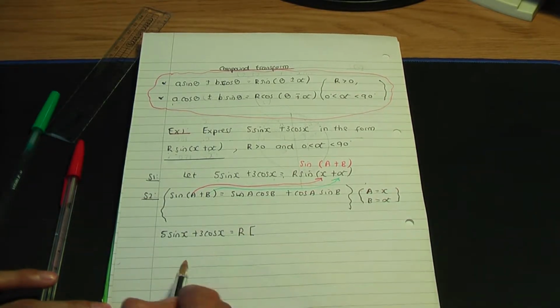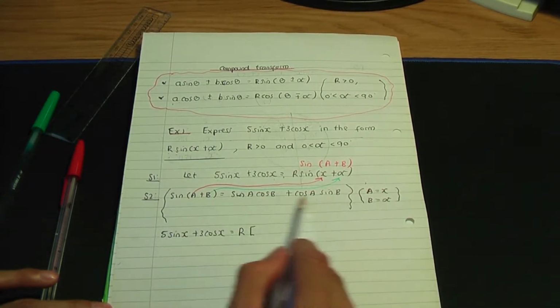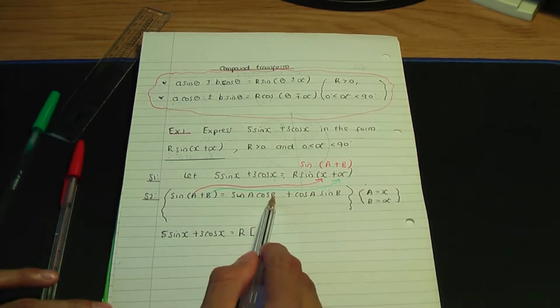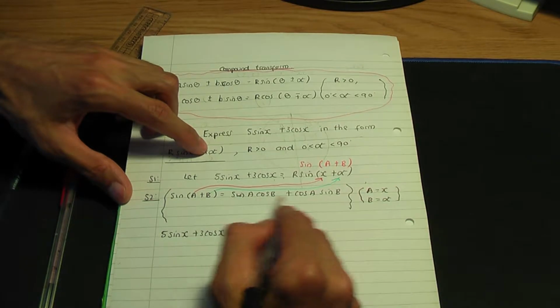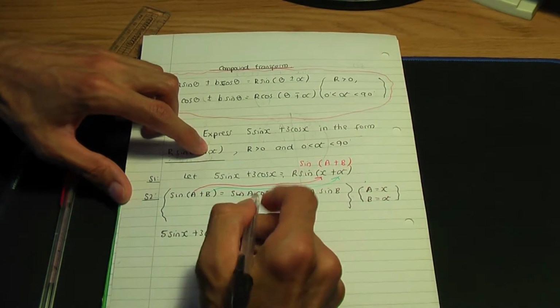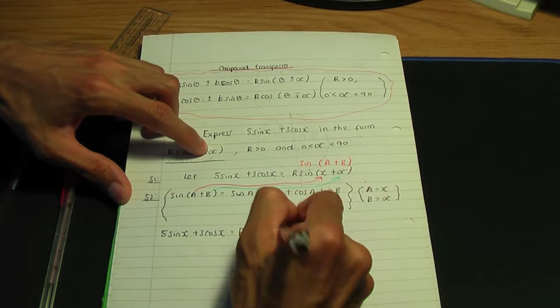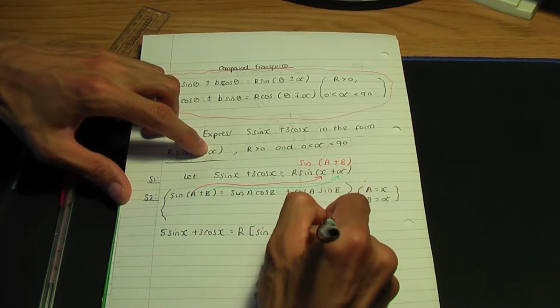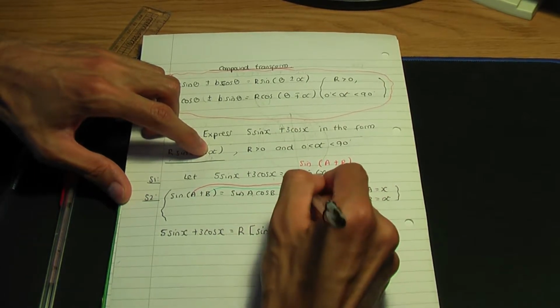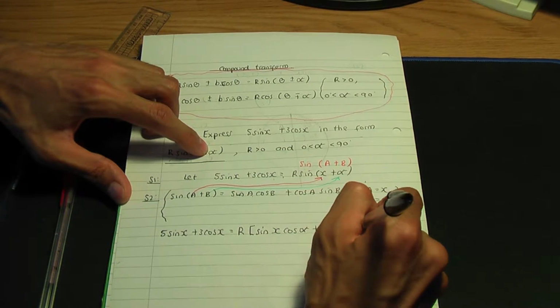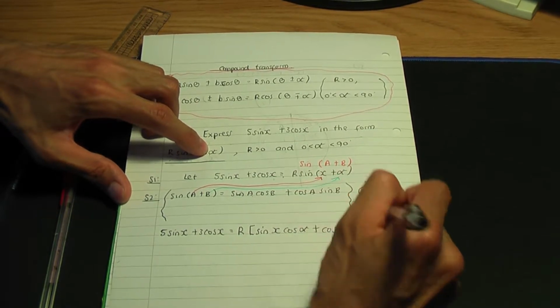So let me open up a square bracket and use this identity with A as x and B as alpha. So looking at the right hand side, we're going to have sine A, which is x, cos B, which is alpha, plus cos A, which is x, sine B, which is alpha.